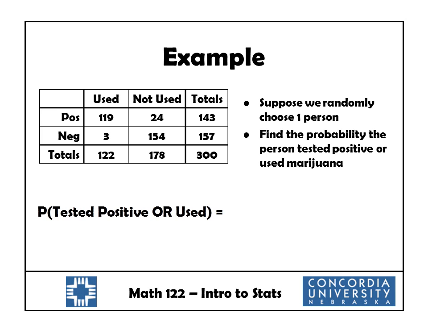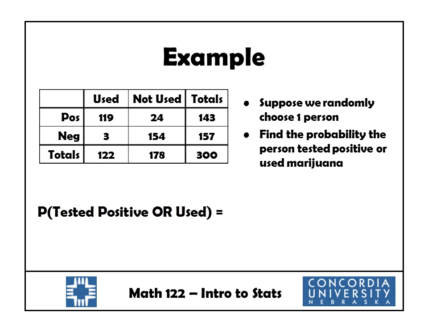Well, now let's consider the same procedure again. We randomly choose one person. But let's find the probability the person tested positive or used marijuana. Well, in order to figure out this probability, we're going to search through the center of the table and find the total number of people who tested positive or used. So we're going to start with the 119 up in the upper left-hand corner.